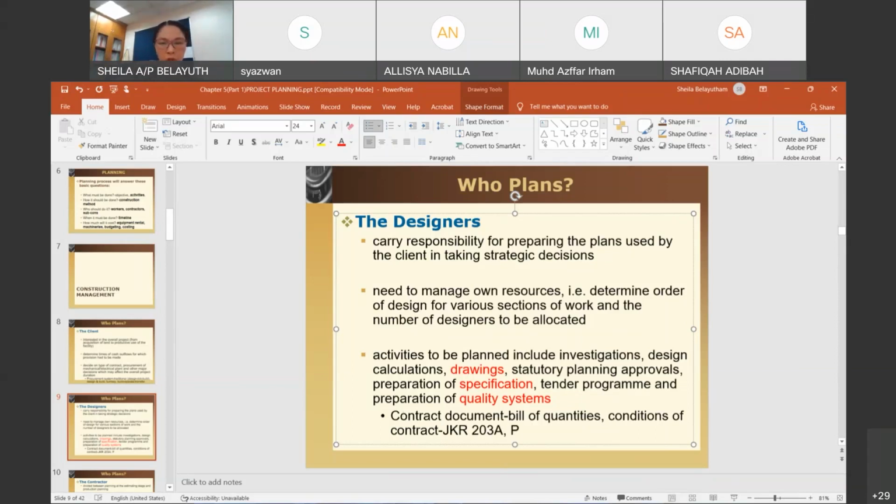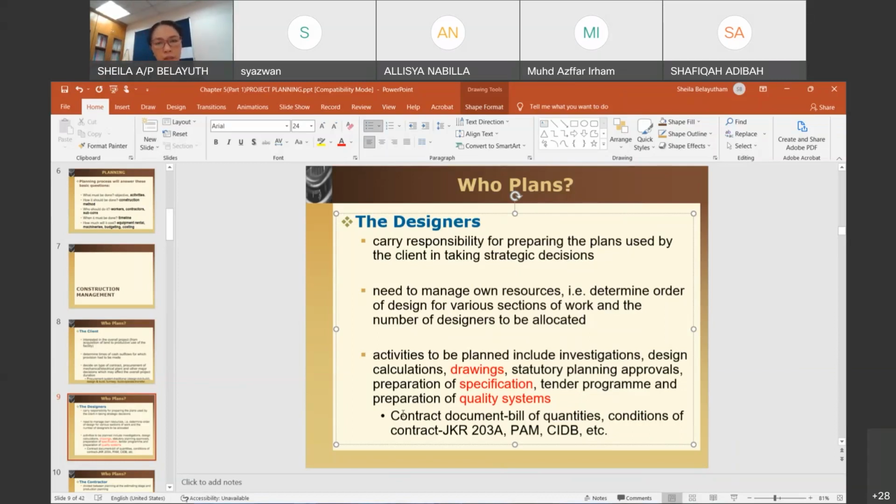And then you have the PAM document. For private projects, normally they use the architect's condition of contract, CIDB. Okay, so more or less it's not very different. More or less the conditions are similar. Just that if in a project a client wants to make some changes, then maybe they would add an addendum to a certain condition for this project.